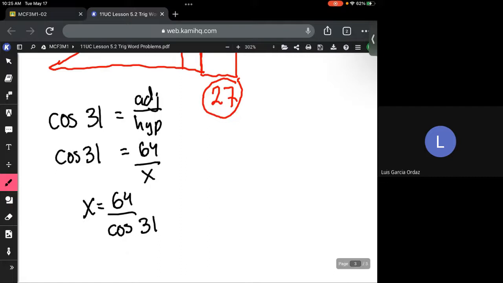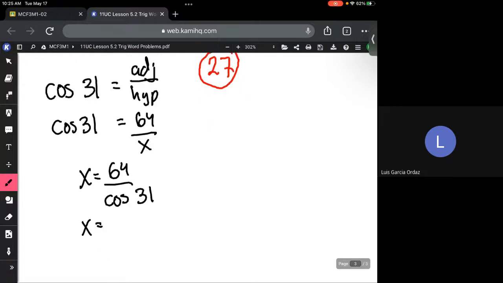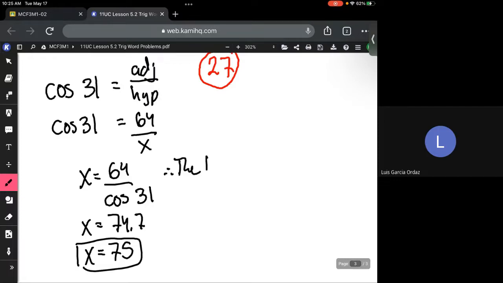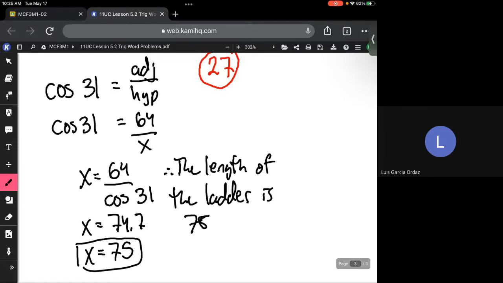So what would the length of the ladder be to the nearest centimeter? 75. So our answer is 74.7, but because we have to round up, it is going to be 75. Therefore, the length of the ladder is 75 centimeters.